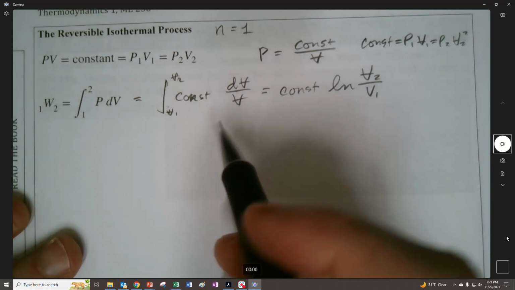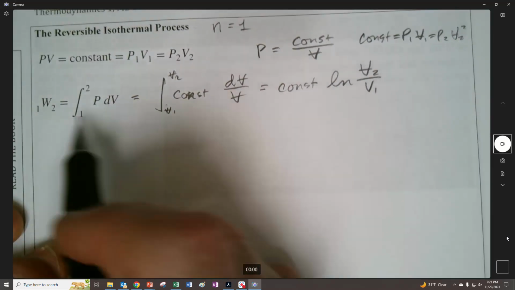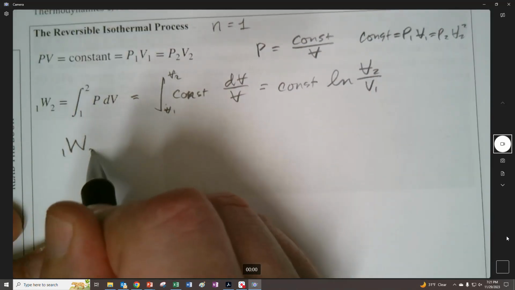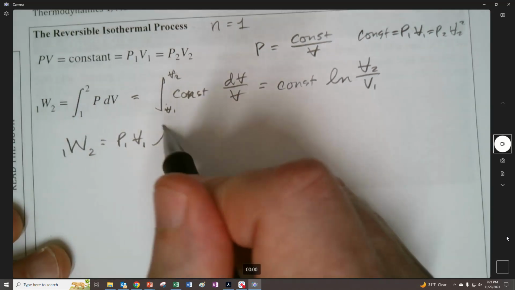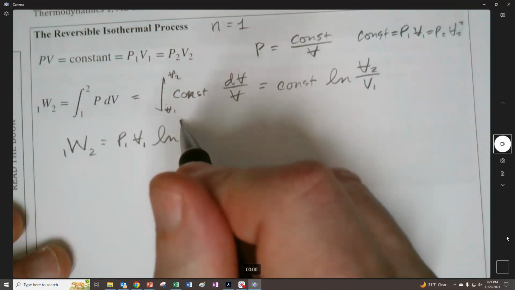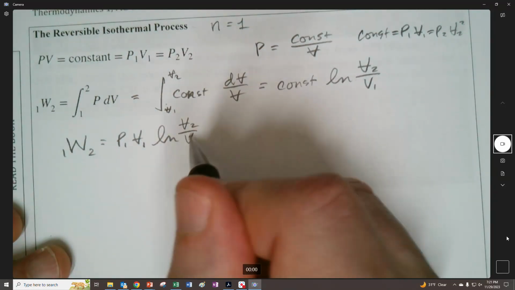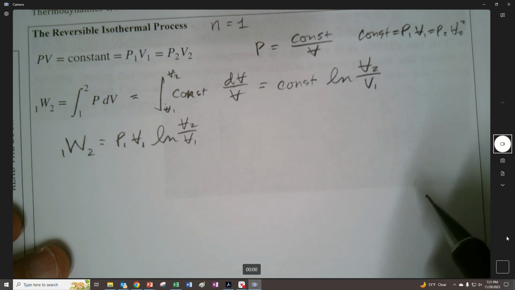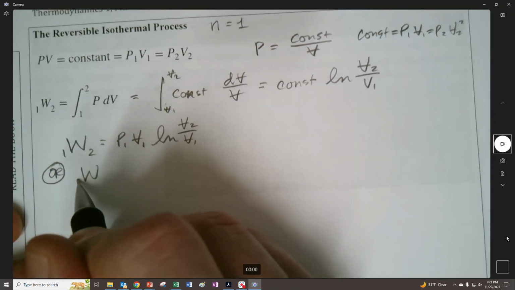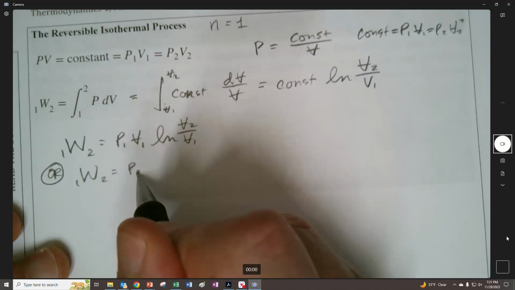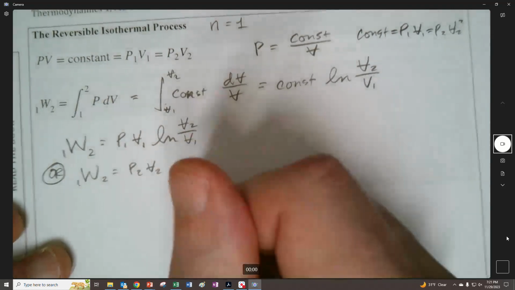So you could substitute in here and have the work between 1 and 2 equal to P1 V1 times the natural log of V2 over V1. Or, if you wanted to, you could say the work is equal to P2 V2 natural log.